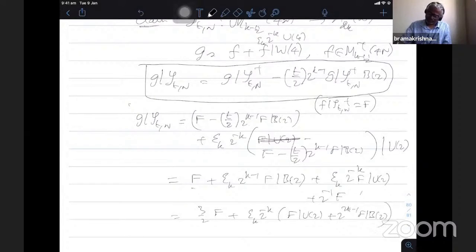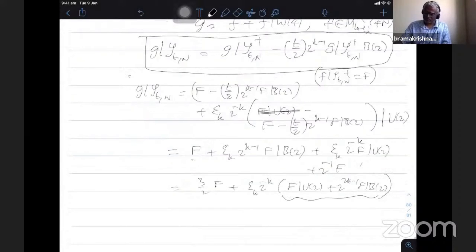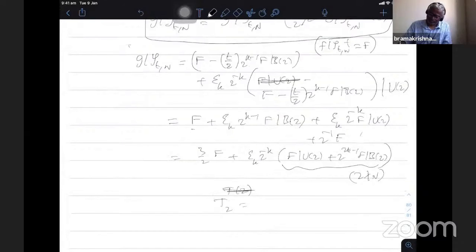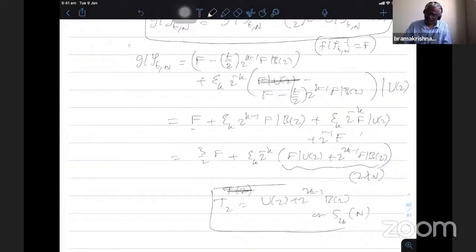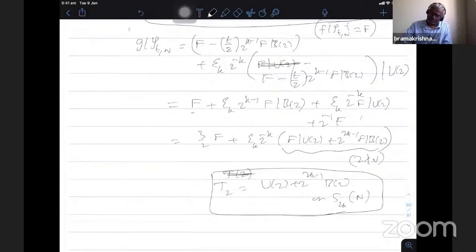So this is nothing but f is of level N, so 2 not dividing the level, and T2 is given by this, T2 is nothing but U2 plus 2 power 2k minus 1 V2 on S2k N. That is a Hecke operator for 2 not dividing the level. Therefore this whole thing is replaced by f bar T2.